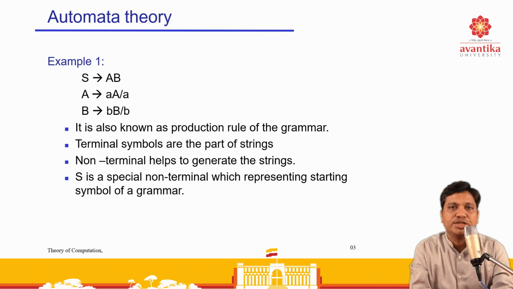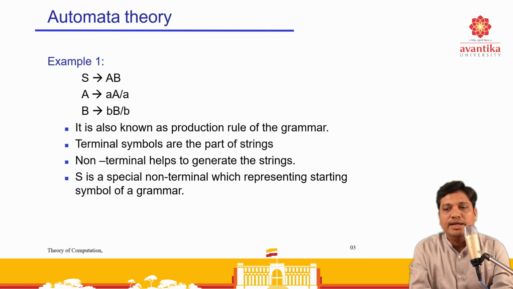There are 3 production rules: production rule 1, production rule 2 and production rule 3. So 3 non-terminals are there: S, A and B. S is the starting symbol, A and B are other non-terminals, and small a and small b are the terminals.